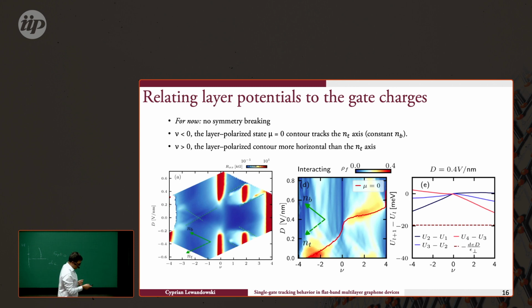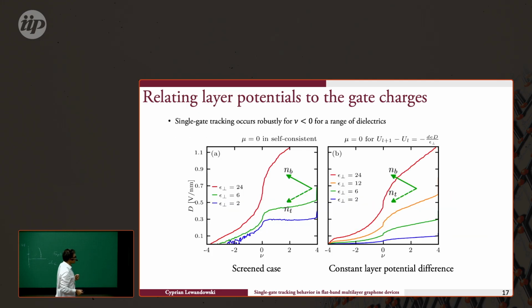Okay, and now the other thing which I would like to show you, so for now let me focus just on this, is that it is not an artifact of fine-tuning the dielectric constant.